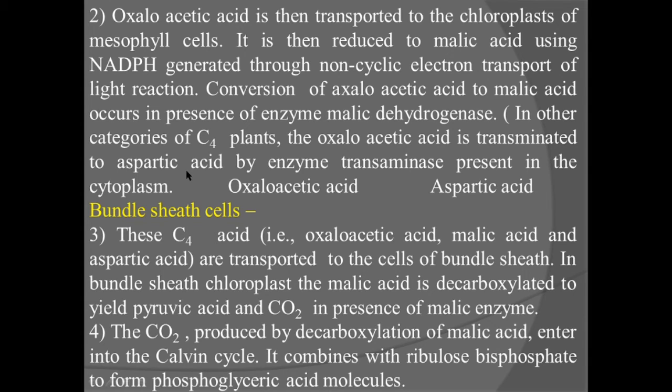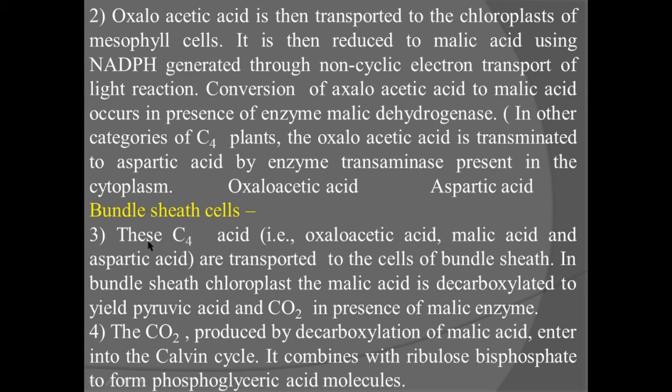Both are 4-carbon compounds, malic acid as well as aspartic acid. Now this formed malic acid or aspartic acid in mesophyll cell is transported towards the bundle sheath cell chloroplast.